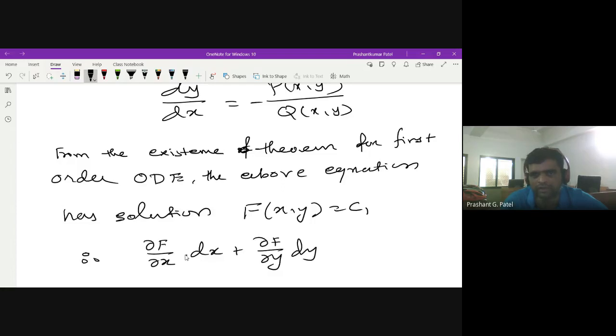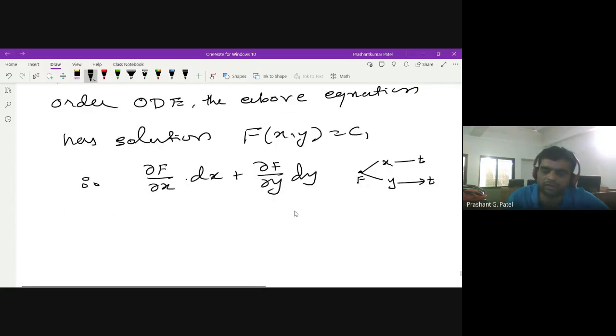This is what we talk about in this fashion: f is a function of two variables x and y. Let x be a function of t and y also a function of t. If you want to find the derivative of f with respect to t, you should write del f upon del x into dx upon dt plus del f upon del y into dy by dt.